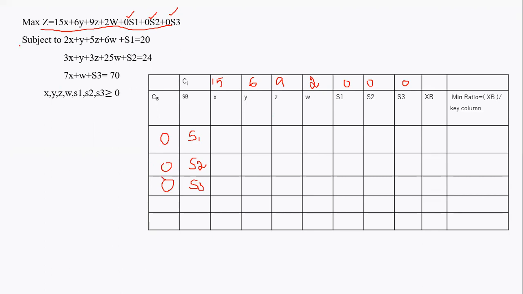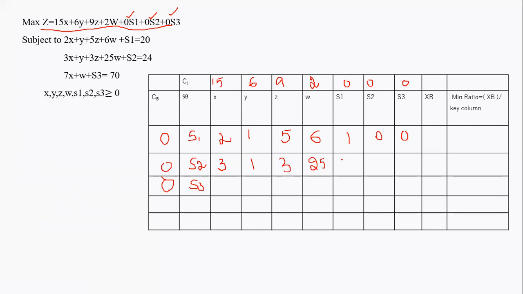And then let us write this matrix. In the first equation, we have got 2x, then y, therefore 1, 5z, therefore 5, and 6w, therefore 6. And then S1 is 1. In the first equation, there is no S2 and S3, therefore let us write it as 0. Second equation, similarly, is 3x, 3y, 3z, then 25w.